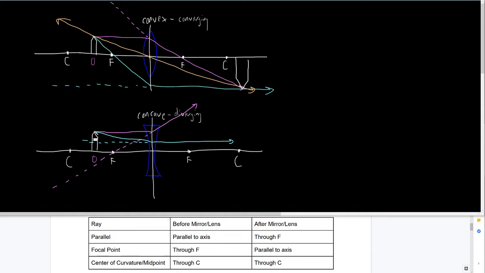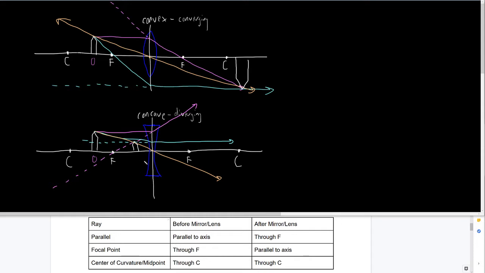We just draw it through that midpoint, and it's also going to form a dotted line on this side, but I can't really draw that in. So these three rays are separated, and the dotted lines all met up right here. So I can actually draw in my image here.